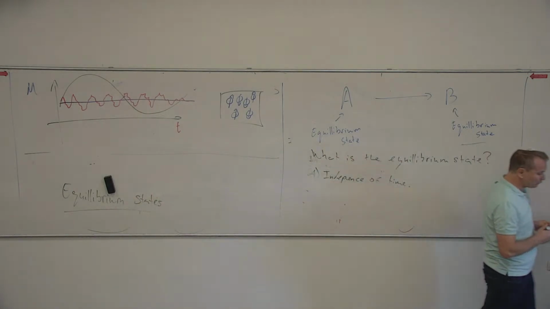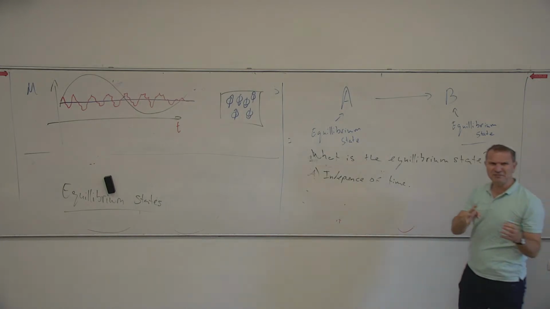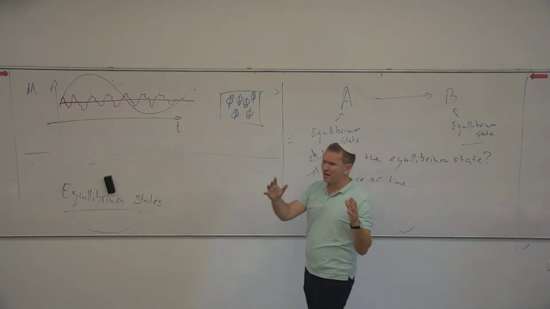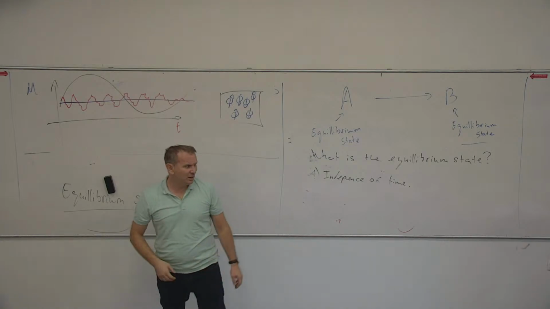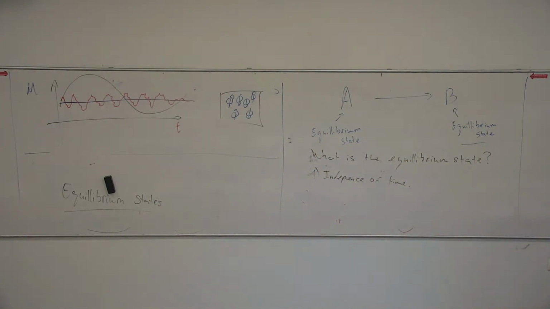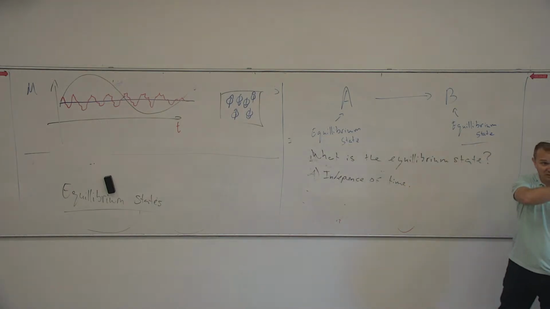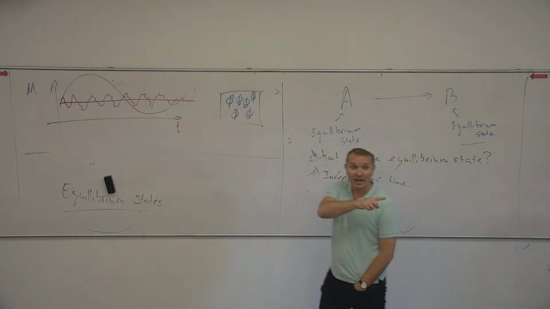So independence of time. By the way, sometimes it's really fragile, what depends on time and what is independent of time. If we look at this guy, or if we look at the windows, they look stable to us, right? And they look like nothing happens, and they're indeed independent of time, but some materials, like glasses, actually depend on time.